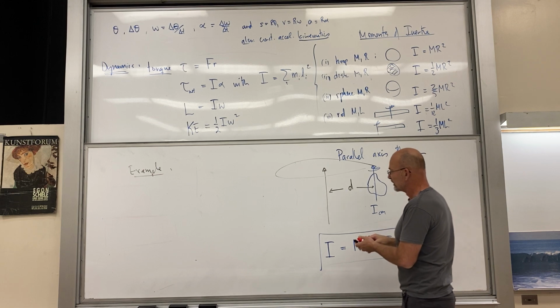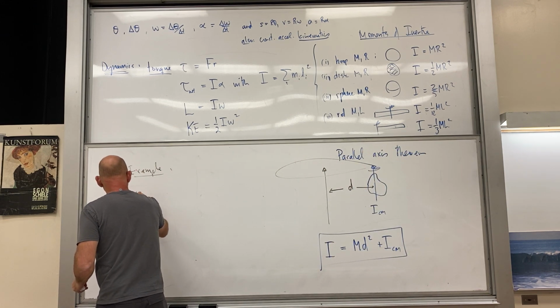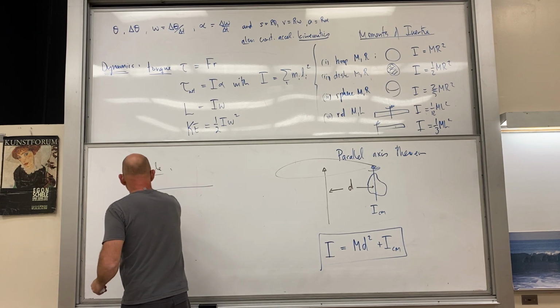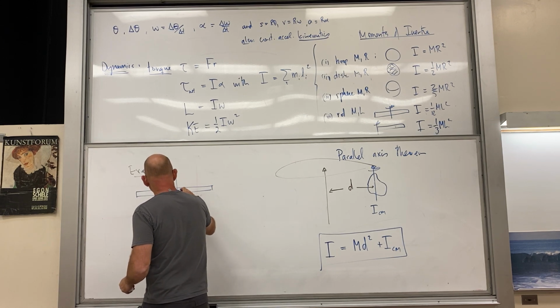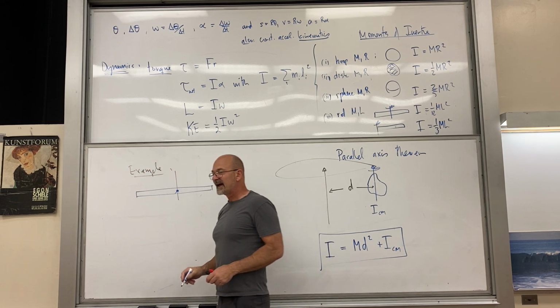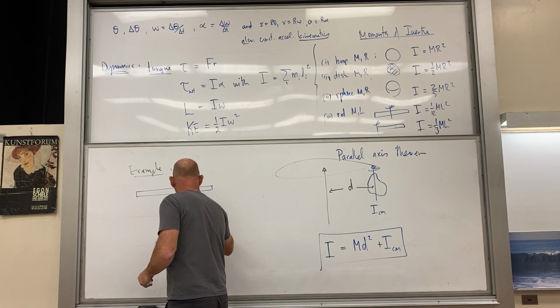Okay. So let's imagine we've got the stick of length L, there's its center of mass, and I center of mass is equal to 1/12 ml squared.